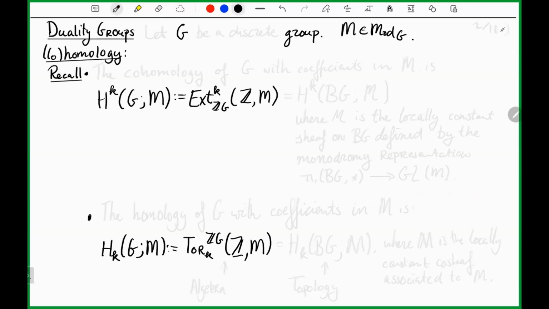So I'm talking about discrete groups, and I'll pick some module of this group.